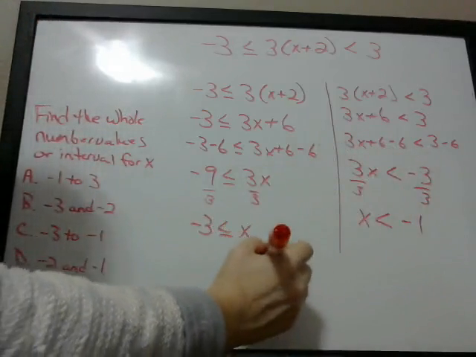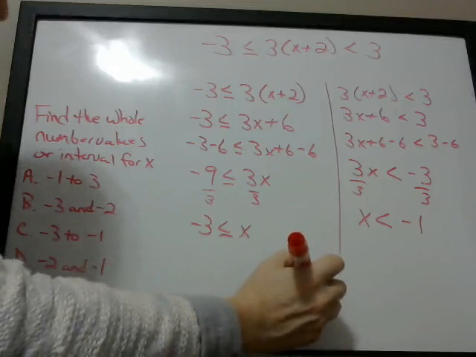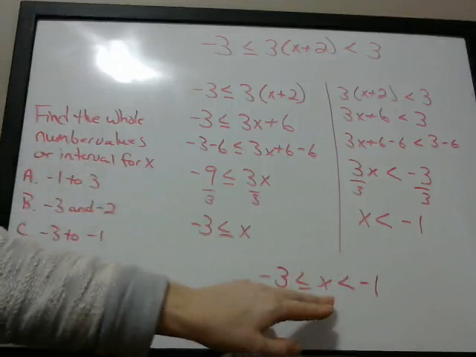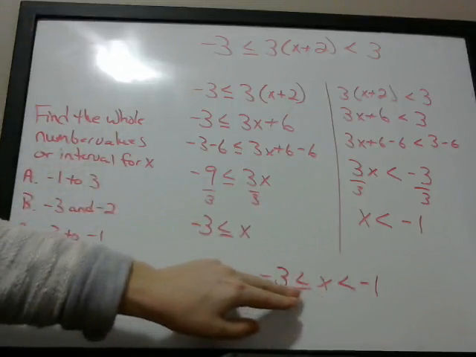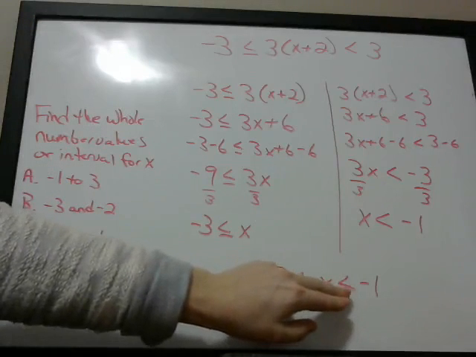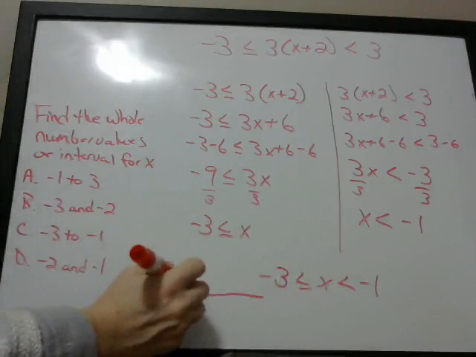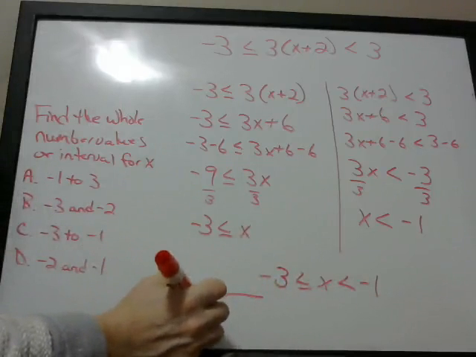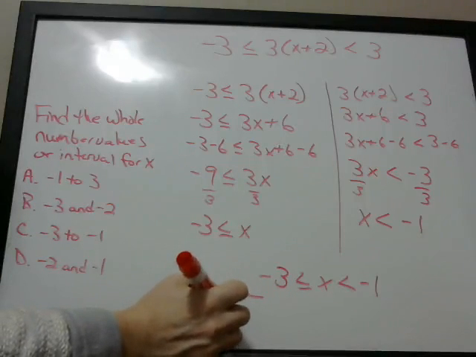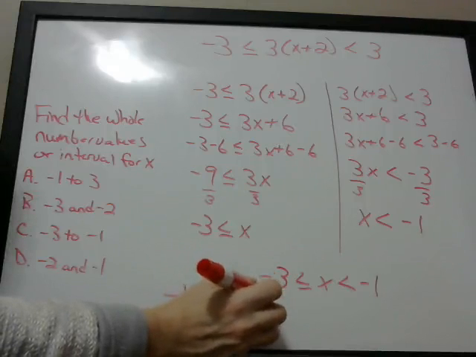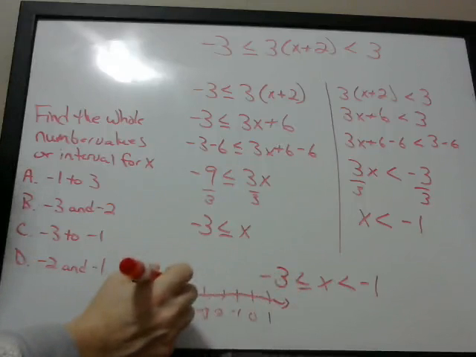So if we put this all together, we have x is greater than or equal to negative 3 and x is less than negative 1. If we were looking at a number line, this was negative 4, negative 3, negative 2, negative 1, 0, 1. This is just our normal number line.